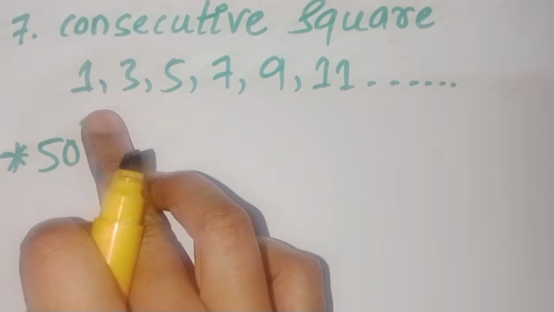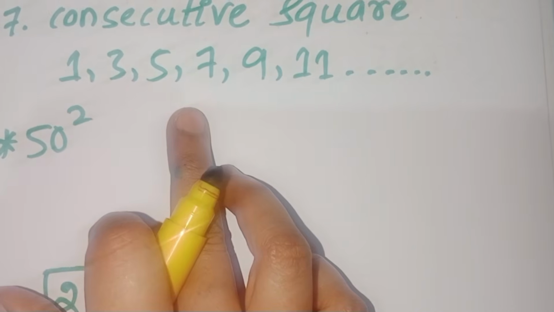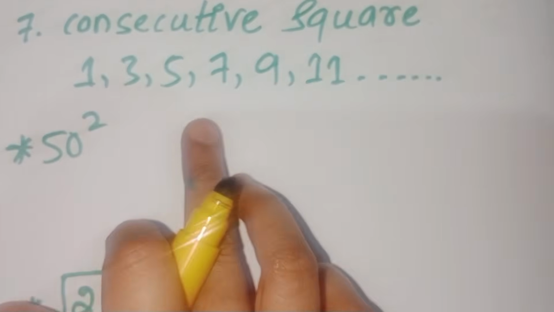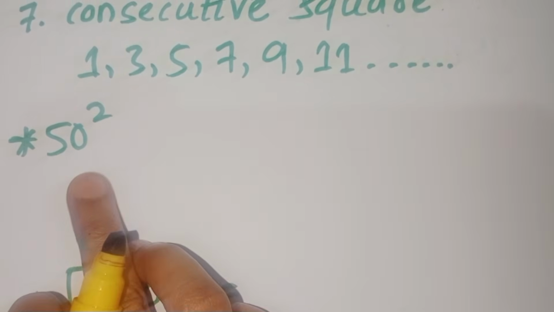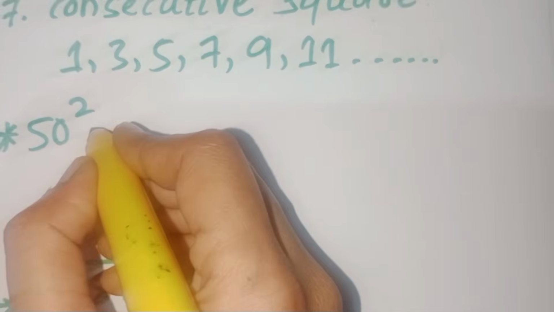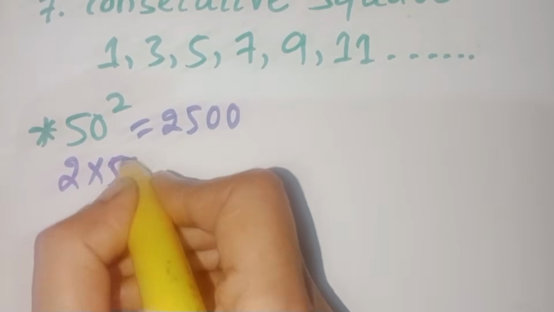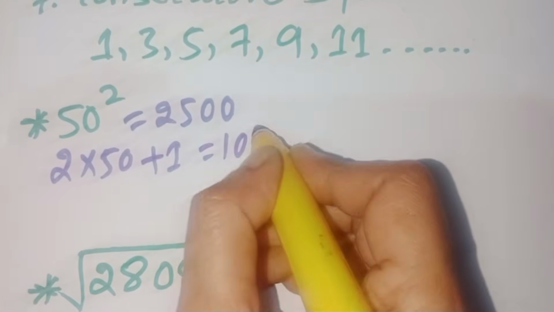Consecutive squares. Consecutive odd numbers are 1, 3, 5, 7, 9, 11 and so on. The difference between consecutive squares follows this pattern: 1, 3, 5, 7, 9, 11 and so on. Let's start with 50 square. 50 square is 2500. 2 times 50 plus 1 is 101.